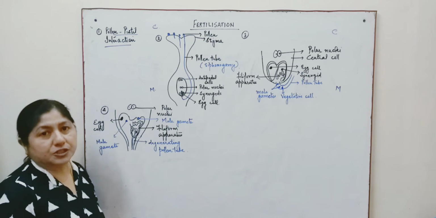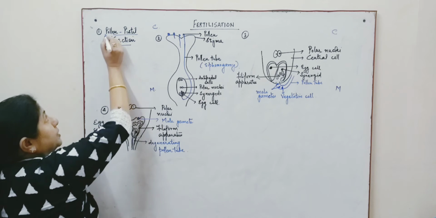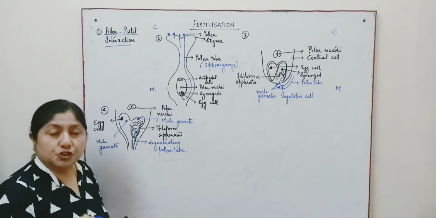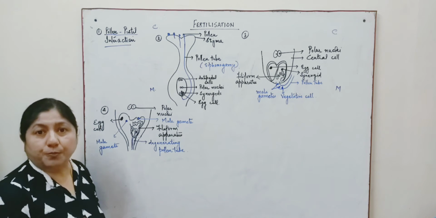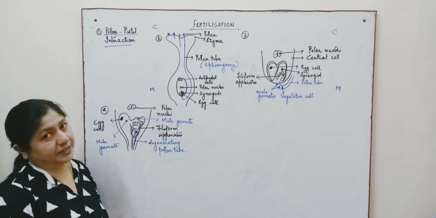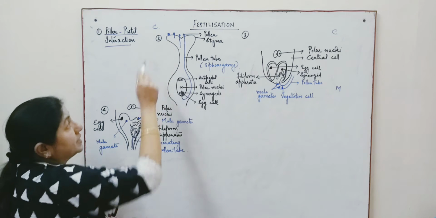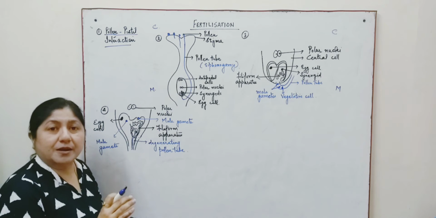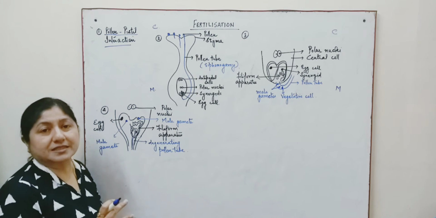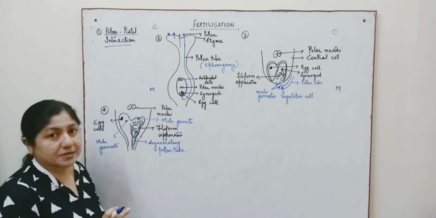However, it is interesting to know that all the pollens that land onto the stigma do not germinate or do not develop the pollen tube. It is because of the compatibility factor. The pollen grains, we know, are made up of an outer layer, the exine, and this exine is composed of certain chemicals.